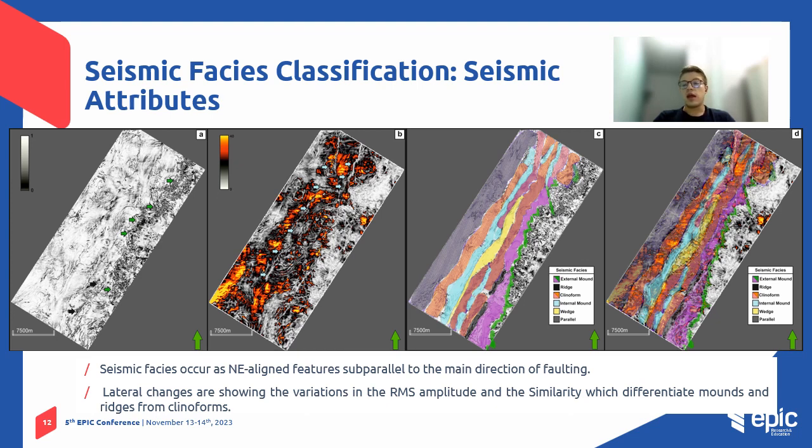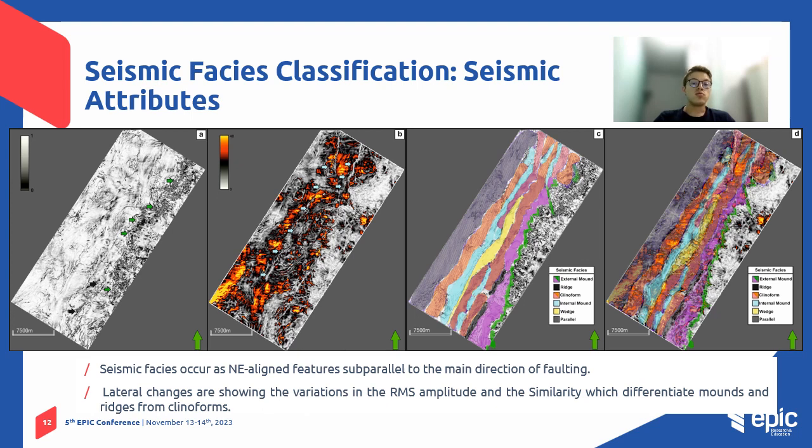On the left hand, we can see the distribution of seismic facies, the external mounds that are separated into the onlaps and the convex subshape. On the right, in black color, the clinoforms that are separated in the western side and in the eastern side, depending on the deepening of the clinoforms.